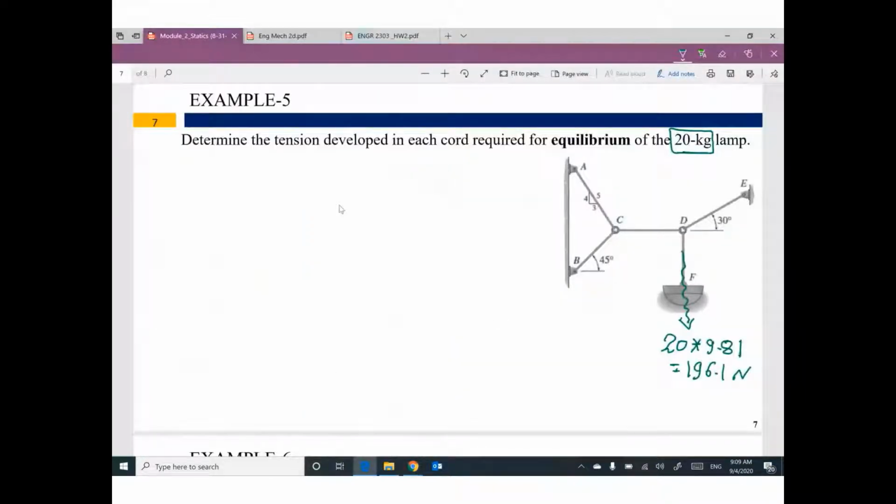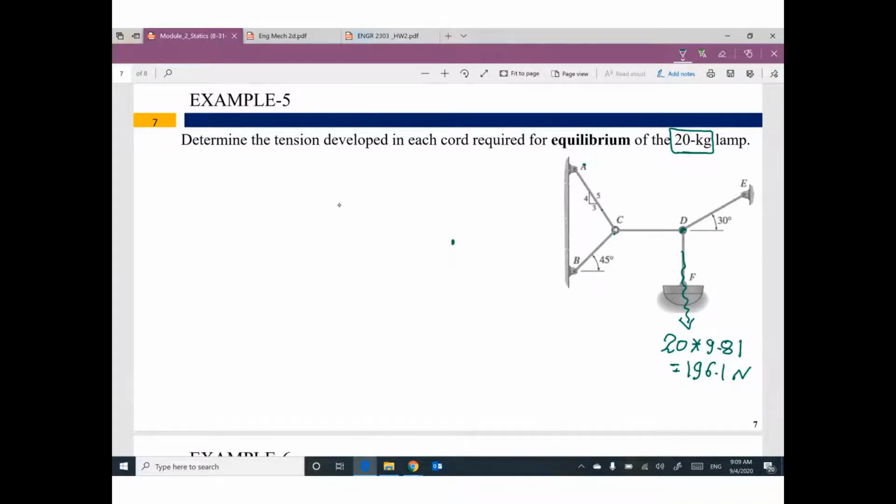This lamp is supported by 1, 2, 3, 4 cables or cords. Cord AC, CB, CD, DE. So if you are looking for joint D, can you redraw joint D here?